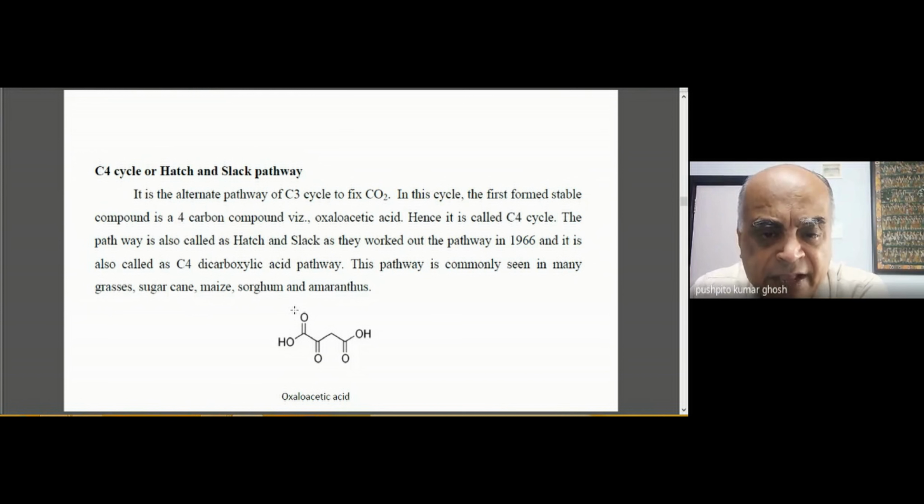In this case, the stable entity is this molecule, which is known as oxaloacetic acid. So you can think of this part: if I had CH3 here, it would be CH3CO2H, that is acetic acid. So it is like a substituted acetic acid, and this part is derived from oxalic acid. And so that's why it is called oxaloacetic acid.